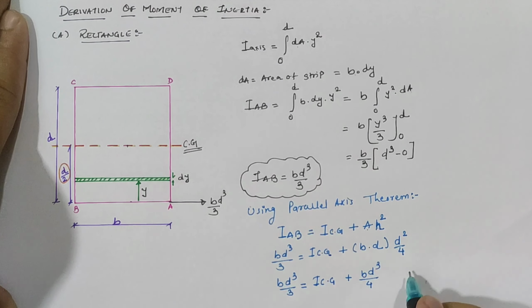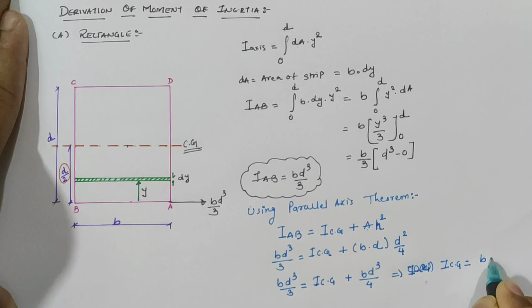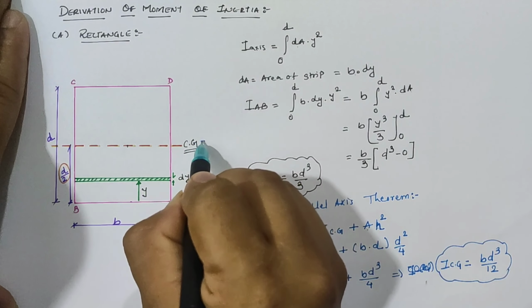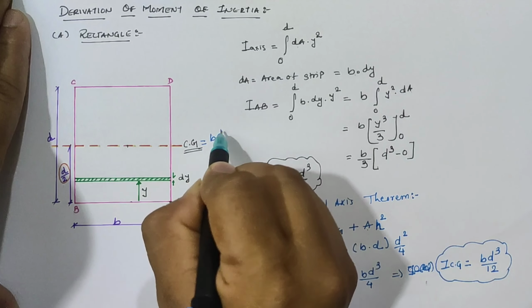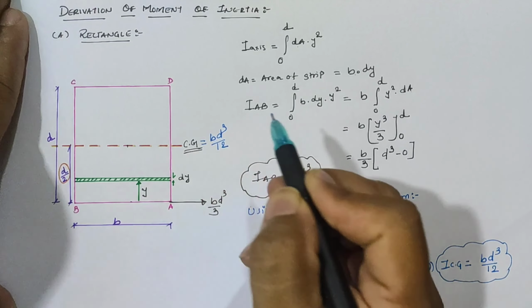Now solving this term, we have I_CG equal to bd cube by 12. So from the CG axis, our moment of inertia is bd cube by 12.